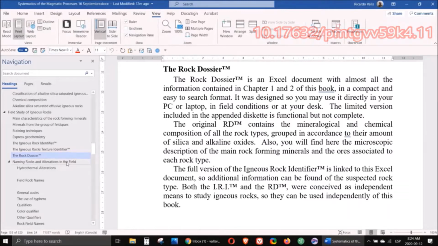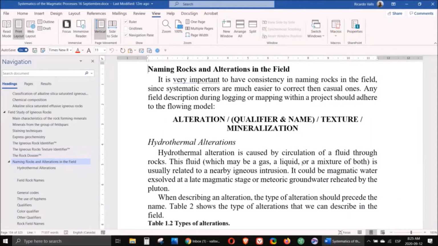Next, there is a section of naming rocks and alteration in the field. This follows the British Geological Survey instruction on how to identify the names of the rock, and also combined with the usual Canadian way that we describe rock.